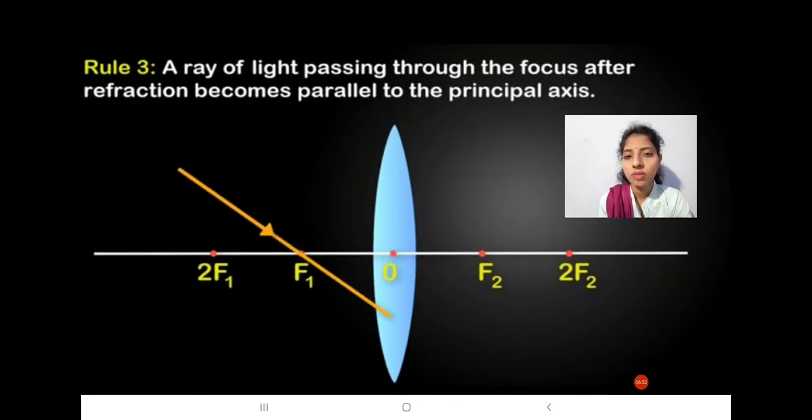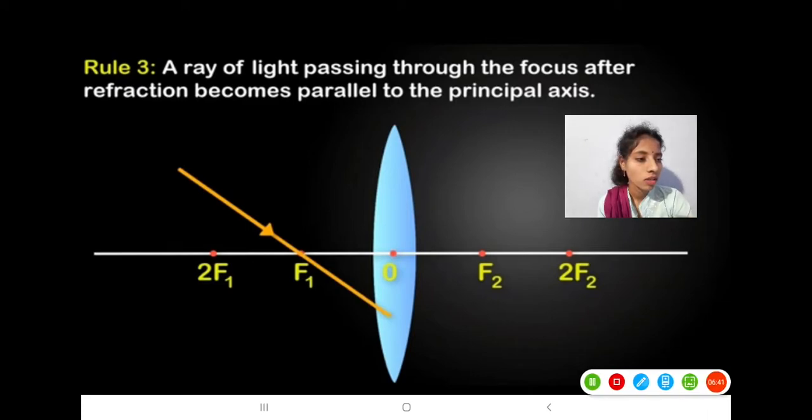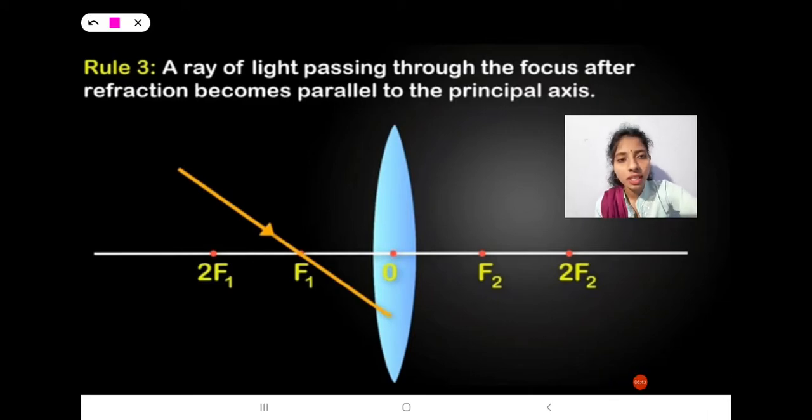Now rule 3. A ray of light passing through the focus, after refraction becomes parallel to the principal axis. Here the incident ray is passing through the focus, so after refraction it is parallel to the principal axis.